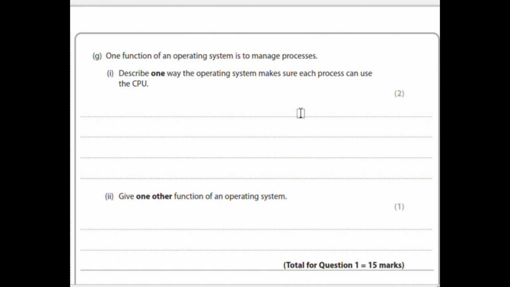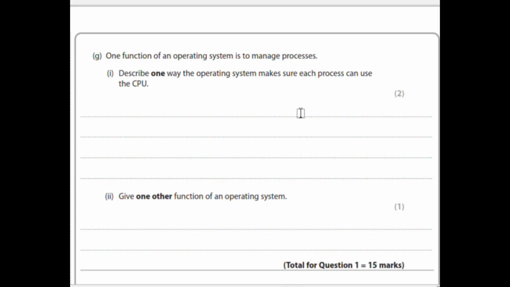So it has what we call a scheduler that will align those processes into a queue, and each process is given a given time that it will spend in the CPU. After that time elapses, another process enters the CPU to be processed.